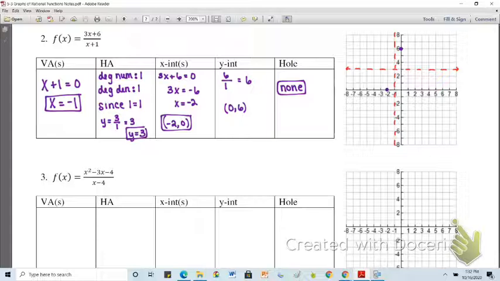From here, you would go to Desmos or your calculator, get a couple more points. And once you do, you will make your curve.